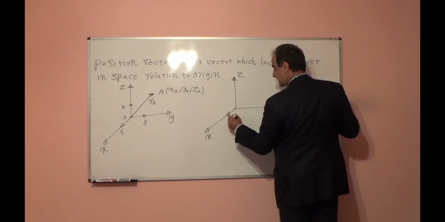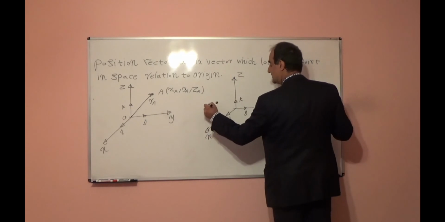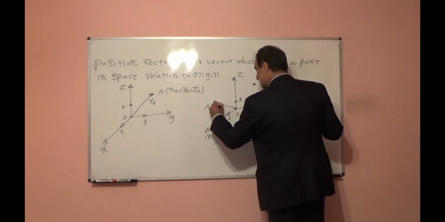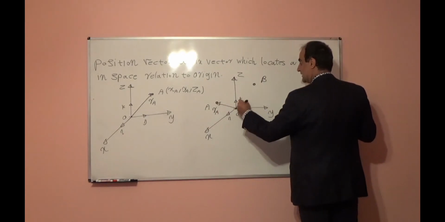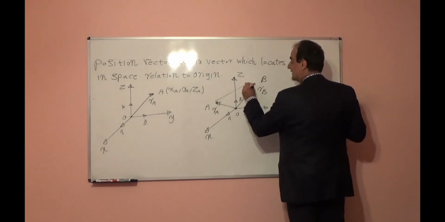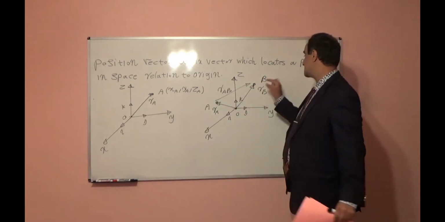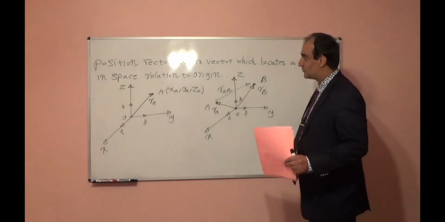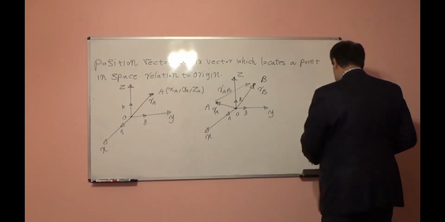Again we have x, y, z direction, i, j, k unit vectors, and we have point A and point B. This is O, origin. rA will be the position vector of point A. rB will be the position vector for point B, and rAB will describe the location of point B with respect to point A. We call rAB a kind of position vector, but we call it displacement vector, or sometimes again they call it position vector.